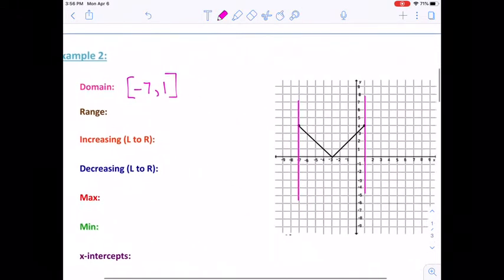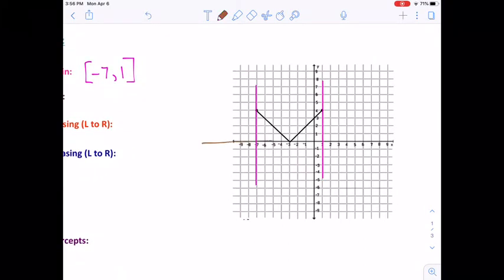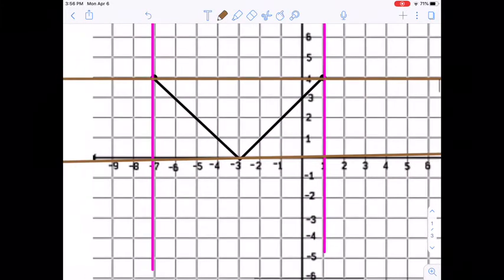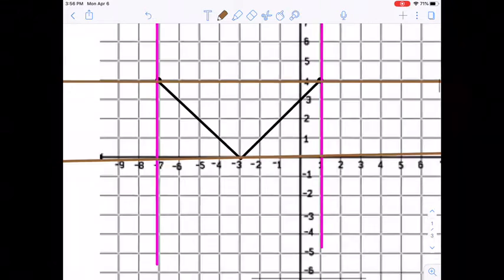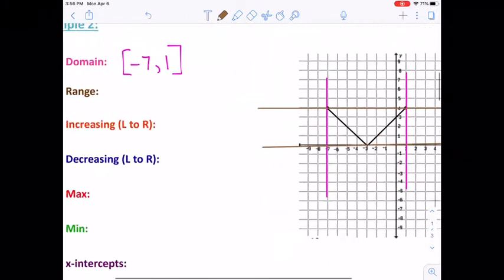Range is from bottom to top. How low does it go? And how high does it go? We see that the lowest it goes on the y-axis is at 0, and the highest it goes on the y-axis is at 4. So my range is from 0 to 4.